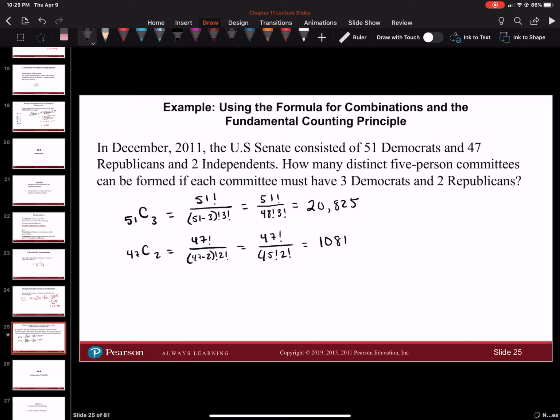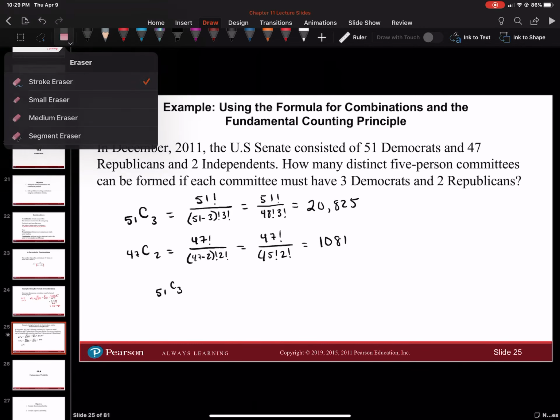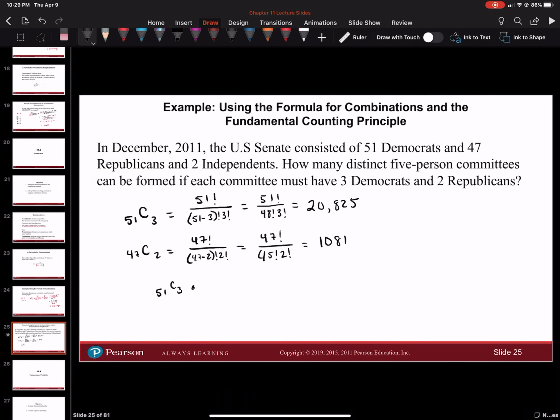Now, if you notice, we have 2 separate combinations. We're going to use the fundamental counting principle, which tells us to take both choices and multiply them. So it's my 51 choose 3, which we already know the number for, times my 47 choose 2.